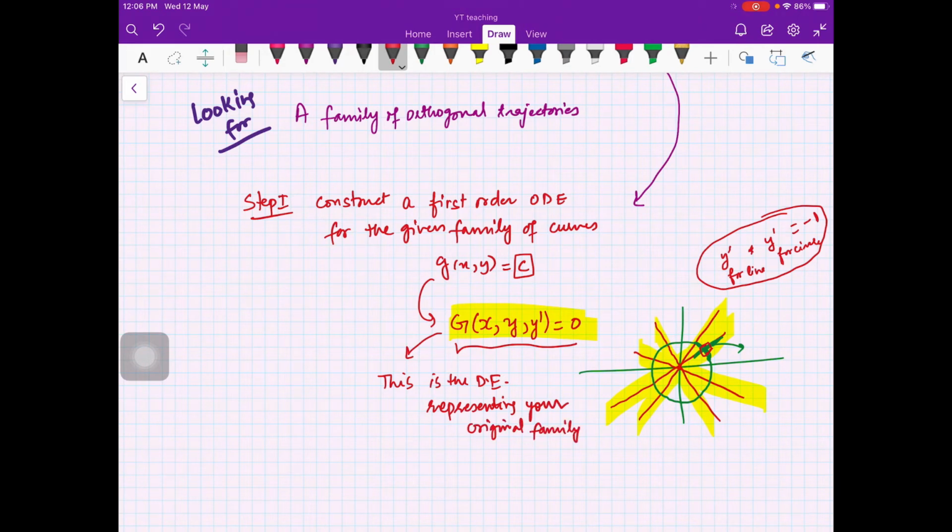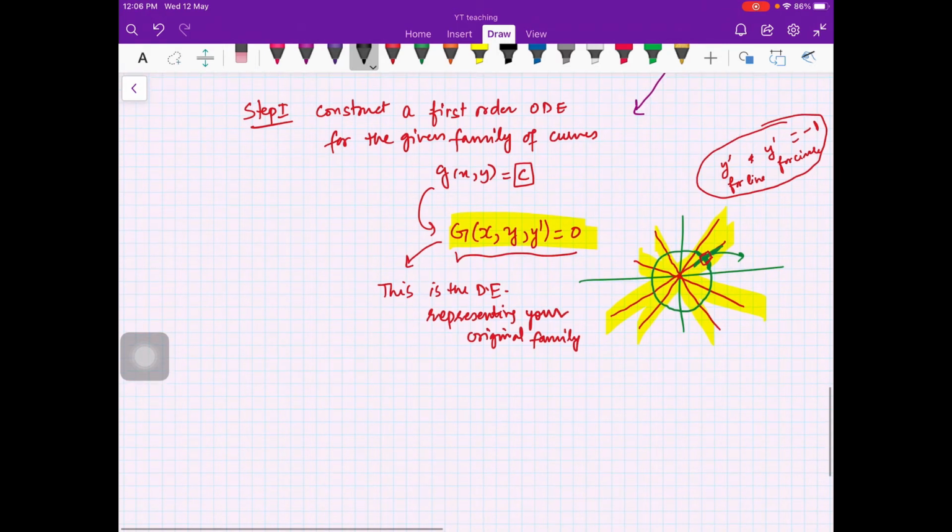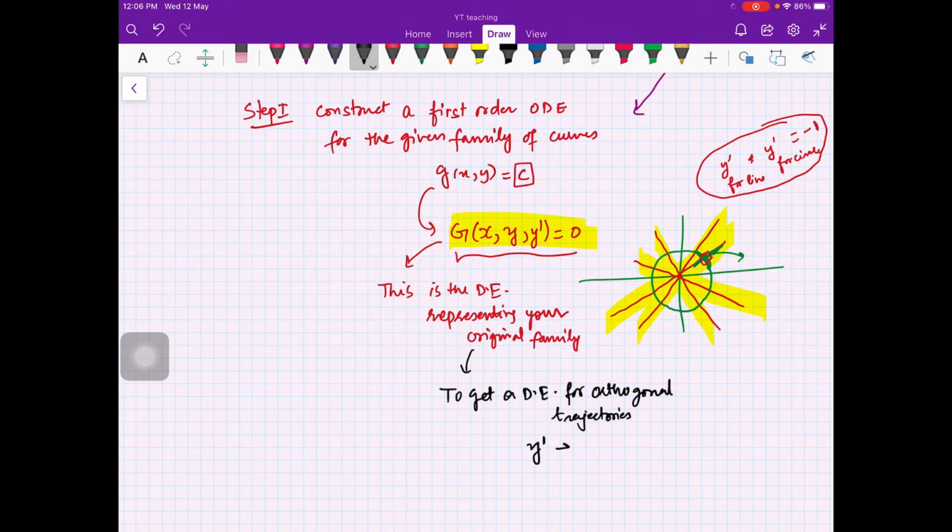Right, now what you want is your orthogonal family. You want a differential equation for the orthogonal trajectory, right? So to get a differential equation for orthogonal trajectories, what you will do is just replace y dash with -1 by y dash. Why?